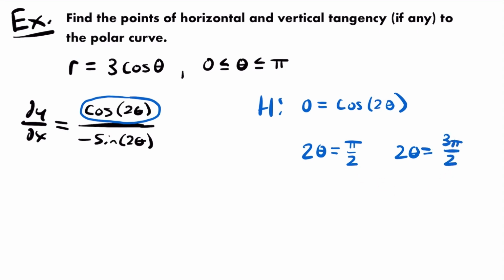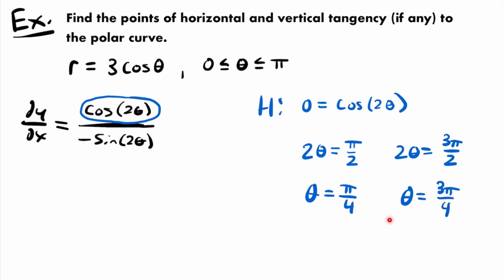Those are the two angles that make cosine equal to 0, so all we have to do is figure out what value of theta will make this angle pi divided by 2 or 3 pi divided by 2. All right, so if we divide both sides of these equations by 2, we'll have theta is equal to pi divided by 4, and theta is equal to 3 pi divided by 4.